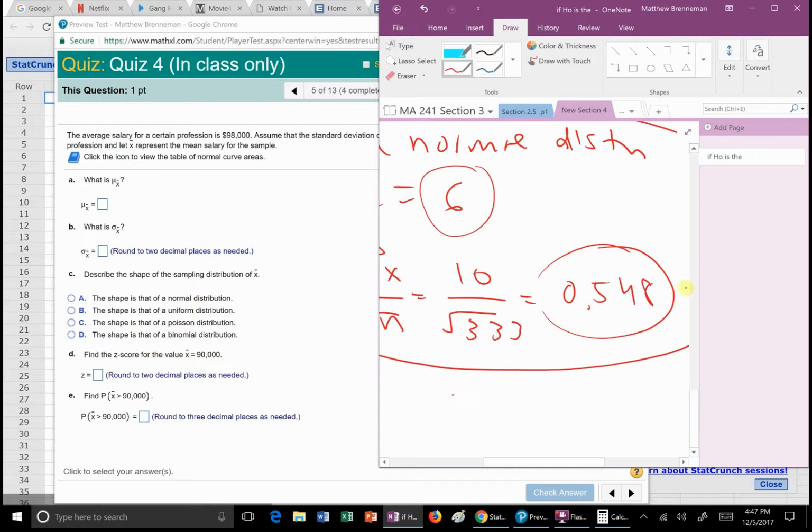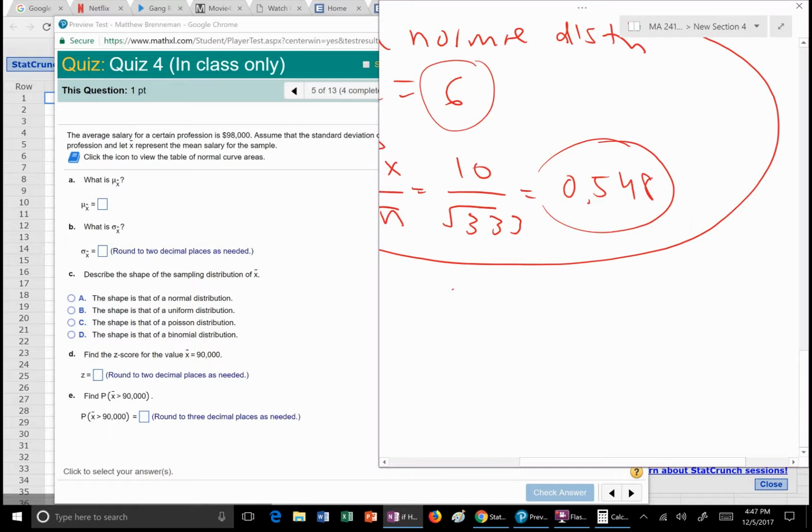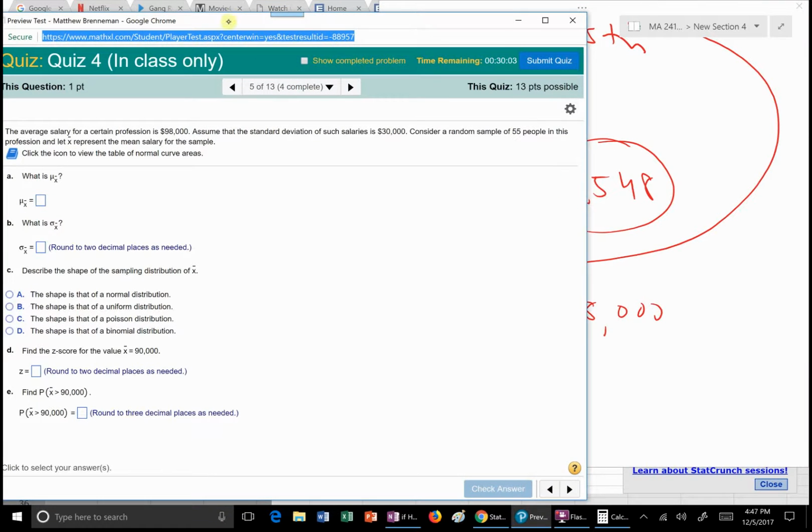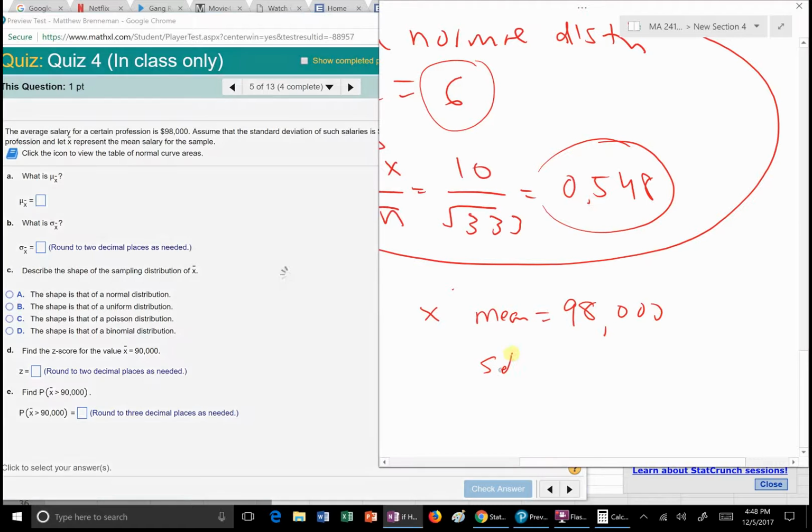So here, what I know is that x is a random variable, the mean equals 98,000, right? The standard deviation is 30,000, and n is 55.